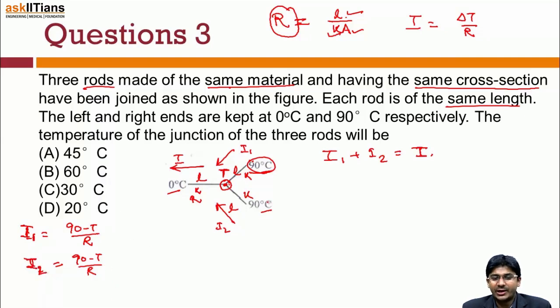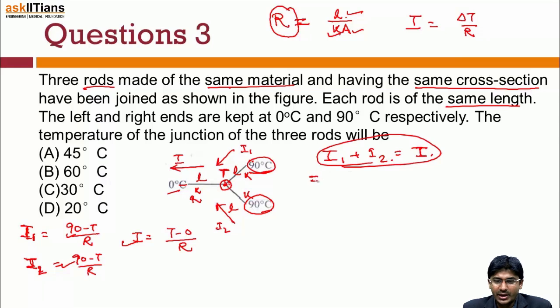Both have the same value, right? Because both ends are at 90 and the junction is the same. What is current I? If you apply the same analogy, the temperature difference here is T minus 0, by R. Now if you put these three values here, what we have is this.